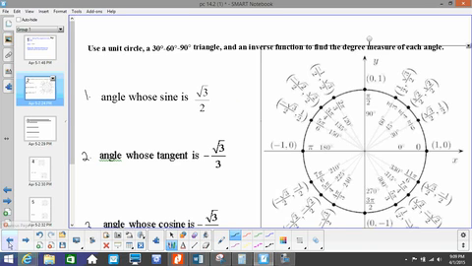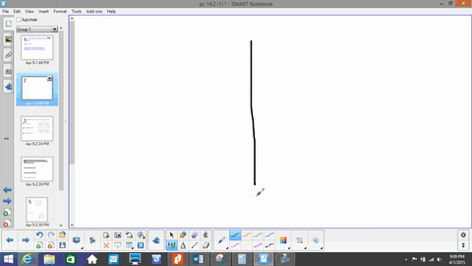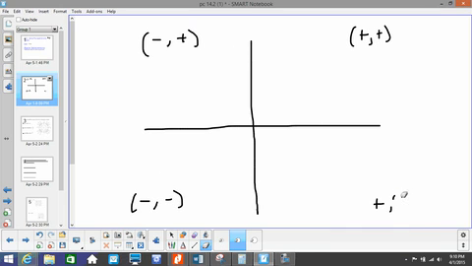Let's talk about positive and negative first. So if I had a coordinate plane system, we know ordered pairs here are positive, positive. Here my ordered pairs are negative, positive, negative, negative, and positive, negative.